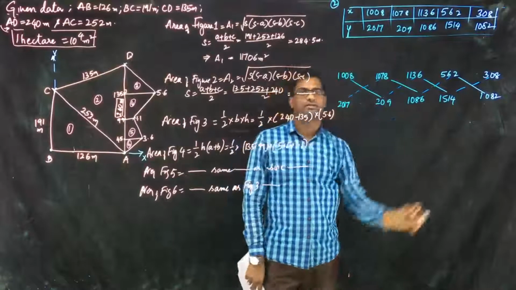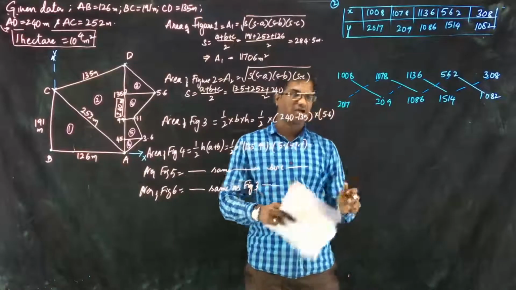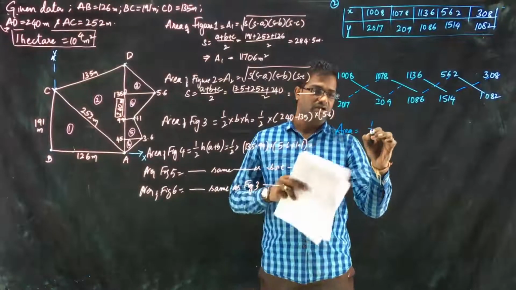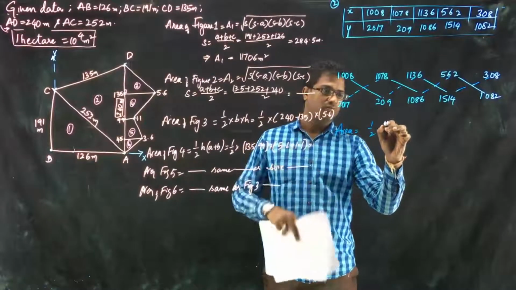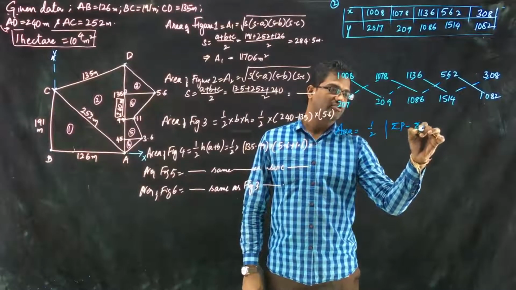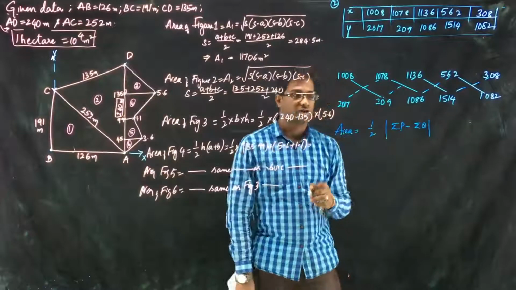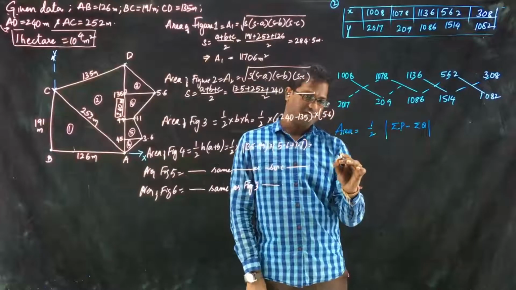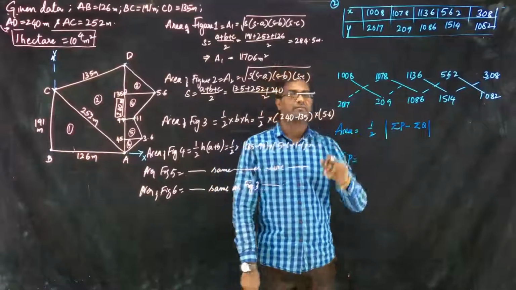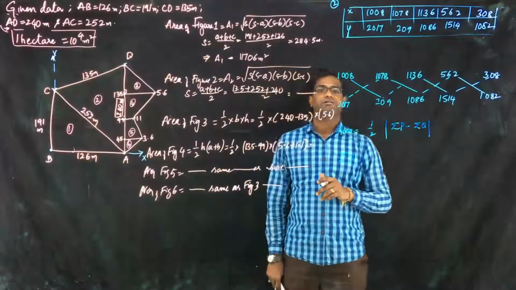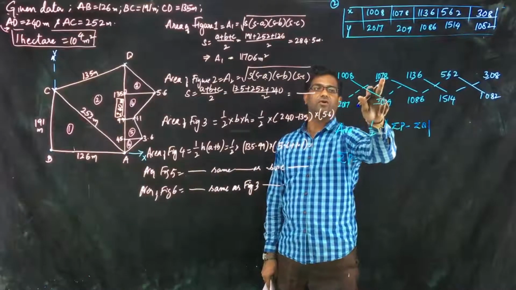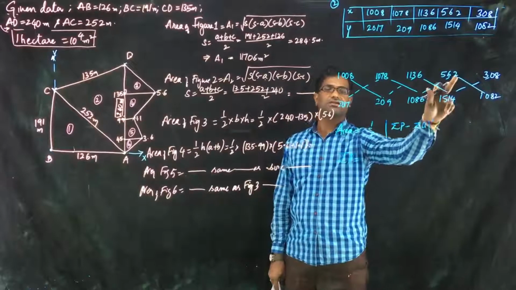Now after doing this, the area is given by half into modulus of summation of P minus summation of Q. Now what is summation of P? Summation of P is nothing but the summation of multiplication of ordinates of these points, right?